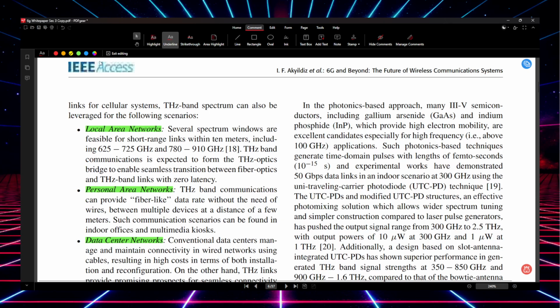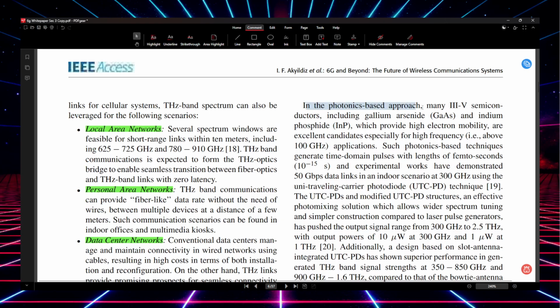So, starting on the right column here, in the photonics-based approach, many III-V semiconductors, including gallium arsenide, which is GaAs, and indium phosphide, or InP, which provide high electron mobility, are excellent candidates, especially for high frequency, i.e. above 100 gigahertz applications. Such photonics-based techniques generate time domain pulses with lengths of femtoseconds.